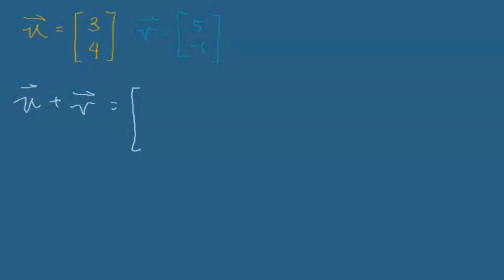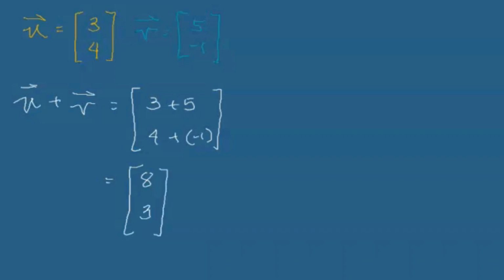So we just add the x component, so 3 plus 5, and the y component, so 4 plus negative 1. So the answer is 8, and 4 plus negative 1 is 3.